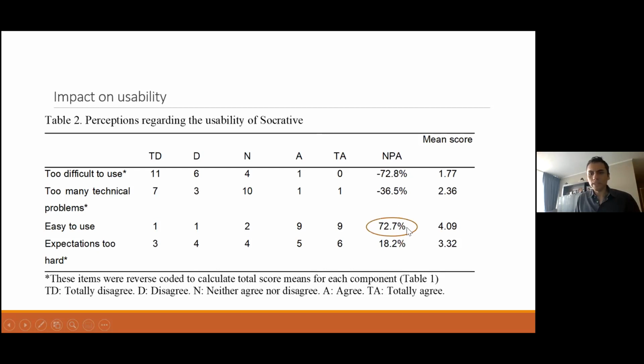As you can see here with this net percent agreement, which is basically the percentage of agreement if we consider the percentage of disagreement with a particular item, the response to this item that Socrative was easy to use is overwhelmingly positive, 72.7%.